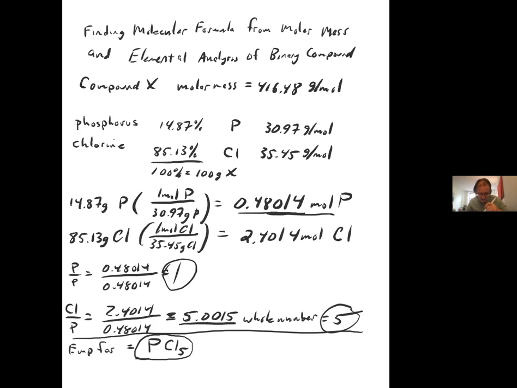Now, last step, we want to find the molecular formula from the molar mass. So the key here is they got to give you the molar mass. Curious that we'll see if this is what happens here, but okay, so 416.48. Let me write that down. There we go. So I'm going to save this one and then open up a new one.